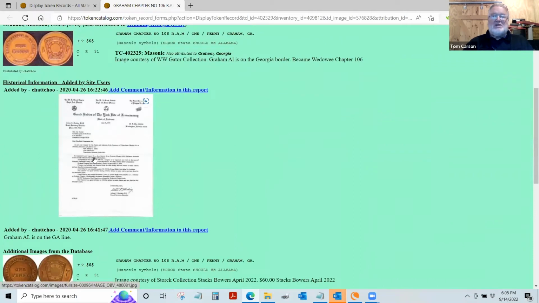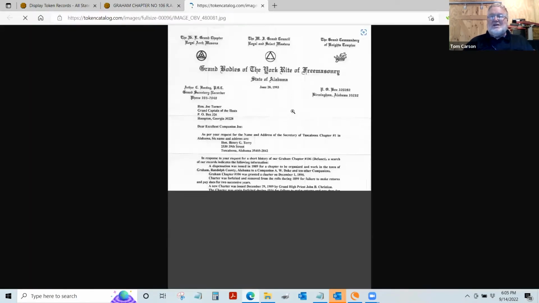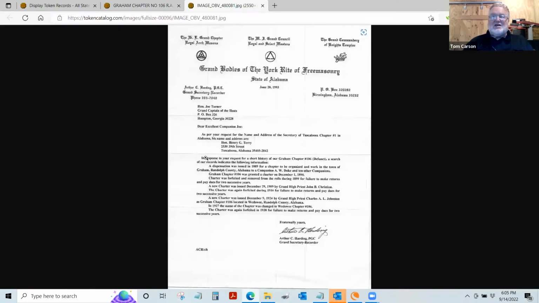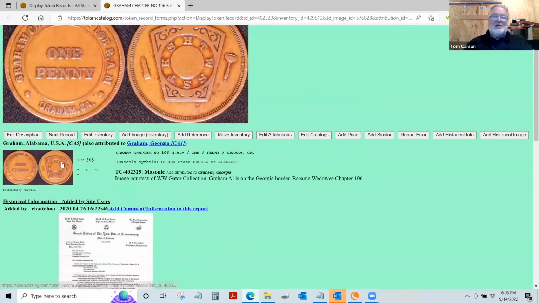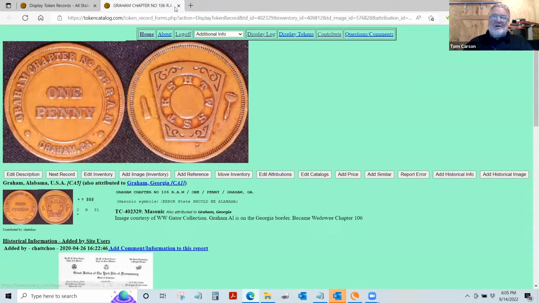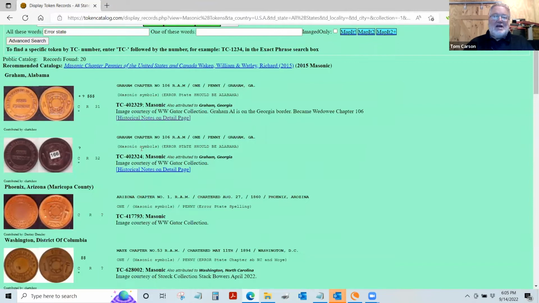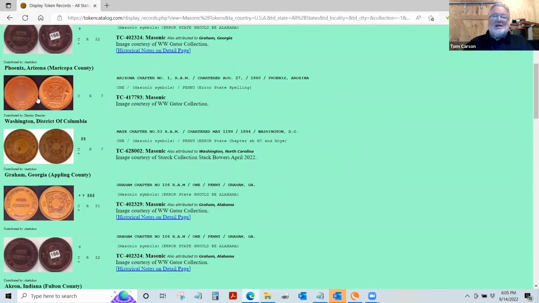We have documentation from the grand bodies of the York Rite of the state of Alabama saying, yes, this is Graham, Alabama, not Graham, Georgia. But there are bunches of these, and we're finding more all the time.